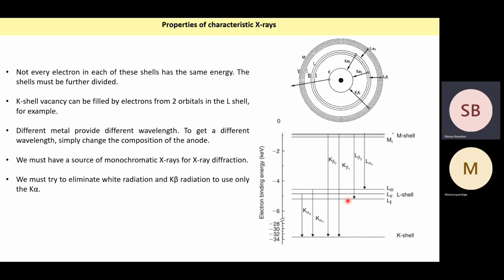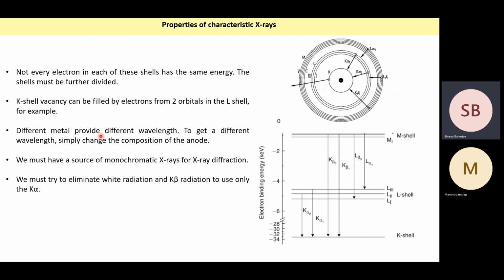These are the sub-energy levels of the L shell. So if you come from L to K, you can have different K alpha 1, K alpha 2 radiations. Similarly, if you come from M shell to K shell, you can have K beta 1, K beta 2 radiations. So even within a shell, you can have different subshells of different energies.